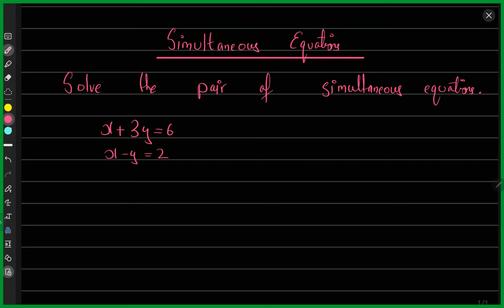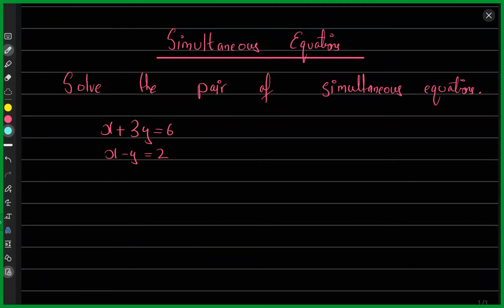Now please pay attention, it's important. In simultaneous equations you will be getting two equations at a time, and you would be having two variables in those equations, and the examiner would expect that you find out the values of these two variables.